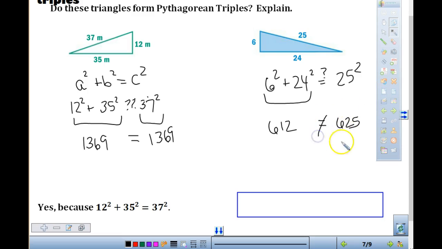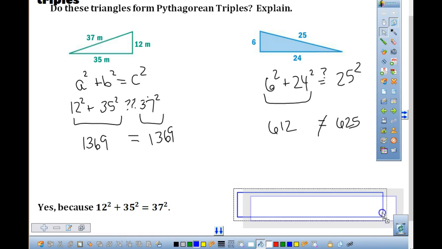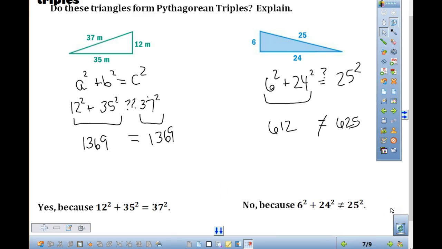So since this is not equal, for our explanation, no, because 6 squared plus 24 squared is not equal to 25 squared. 25 is the hypotenuse, correct? 25 is the longest side. Anytime you set up your Pythagorean triples, the longest side must be by itself. Even if they just give you 3 numbers, the biggest side is always the number by itself.